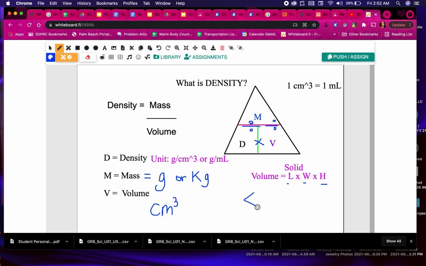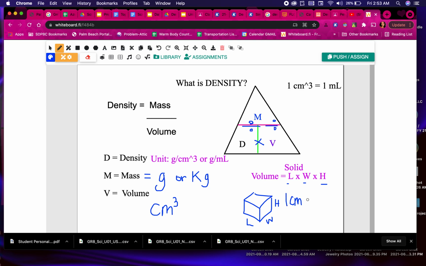So let's say I have a box and I'm measuring the length, the width, and the height. Whatever unit you're using, which is most commonly centimeters, you're essentially multiplying whatever the length is.